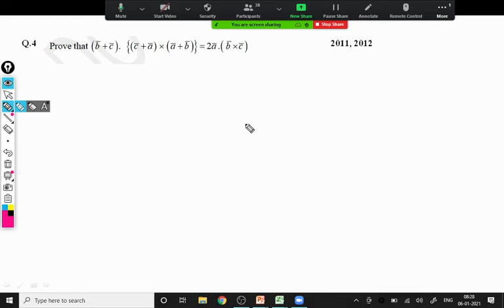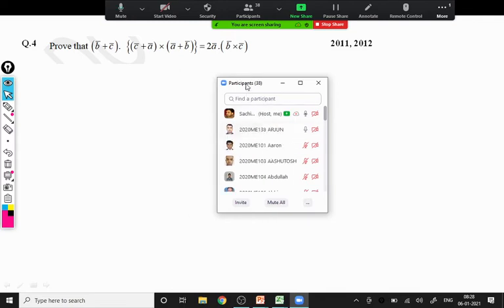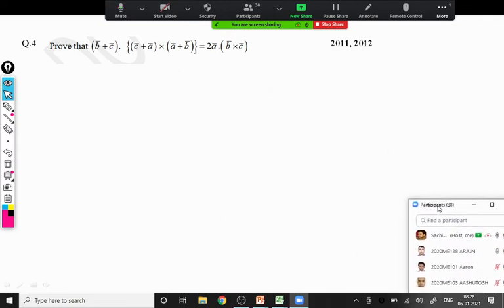Now I want anyone to prove this. You can raise your hand also. Yes, 138. We can apply one property here.